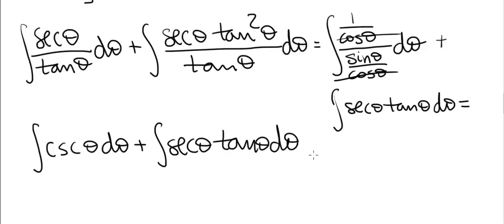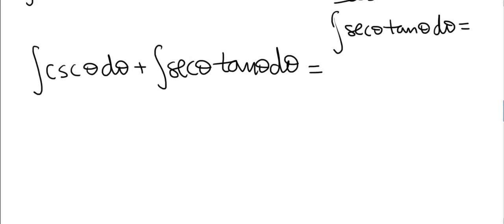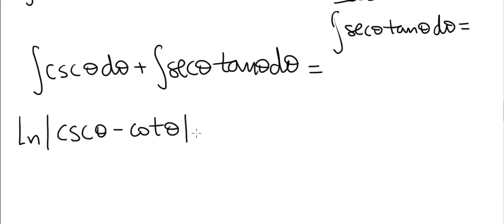Now you should know the integral of cosecant without rederiving it, and the integral, of course, of secant tangent. The integral of cosecant is the natural log of the absolute value of cosecant theta minus cotangent theta, plus the integral of secant tangent, which is secant theta.